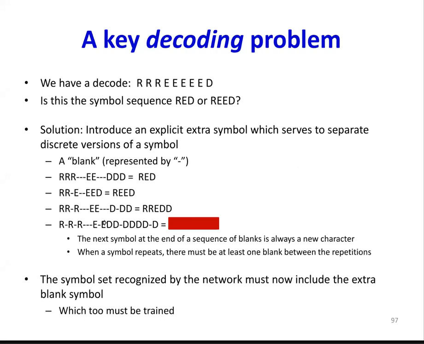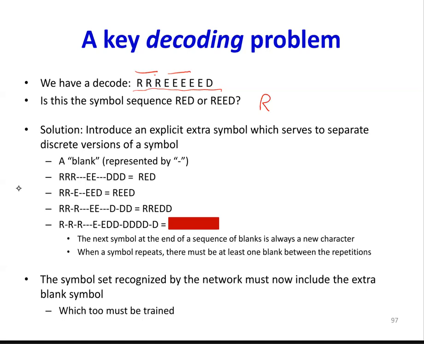And so the hyphen is a unique symbol. Remember, when I wanted to decode, I did a time aligned decode and then I compressed it. I just eliminated all repetitions.